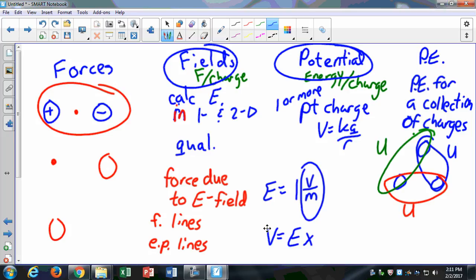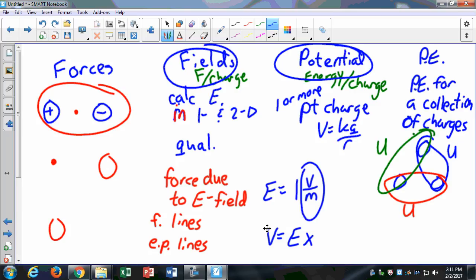There's a negative in there, but we're just thinking about the magnitude. So our potential is related to our electric field based on the distance that the object travels. So if an object travels through an electric field over this distance, then it's covered that change in potential. We have some questions from the OpenStax quiz that's due on Friday related to this, and some of your reading was related to that as well. All right?